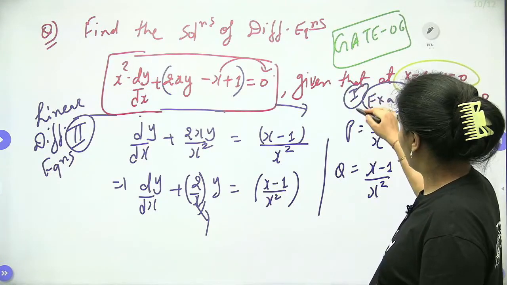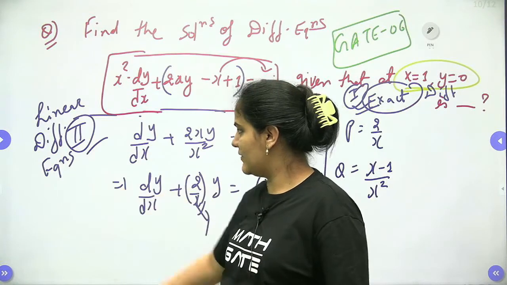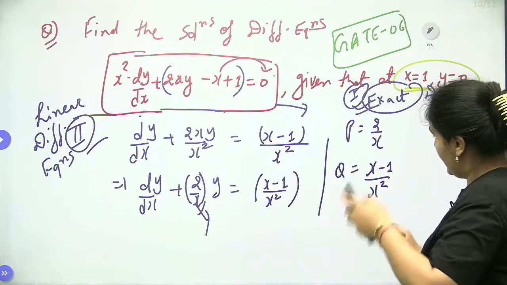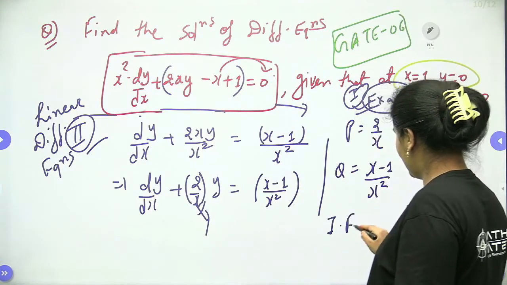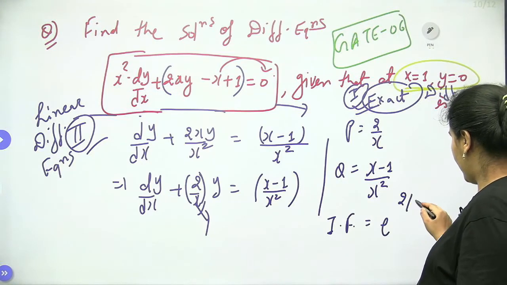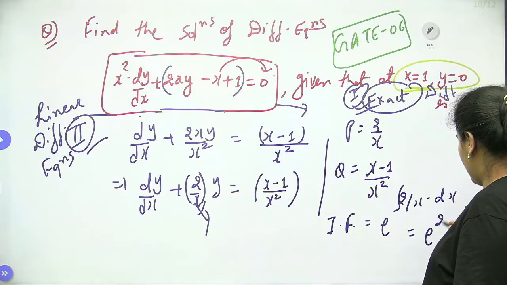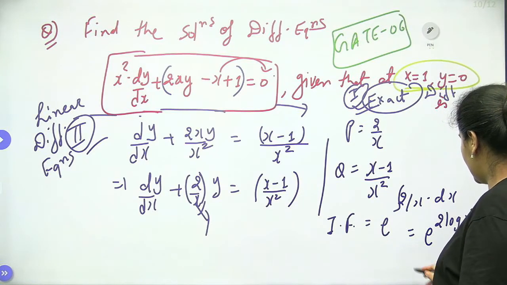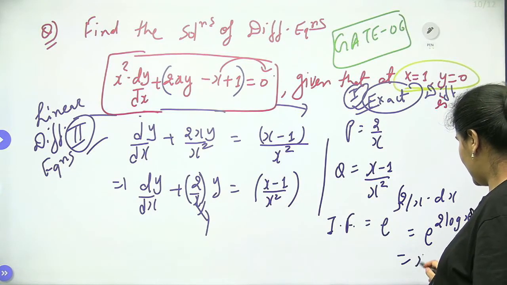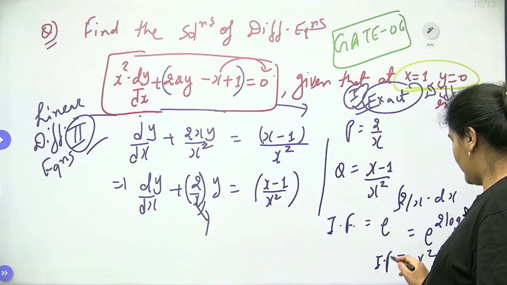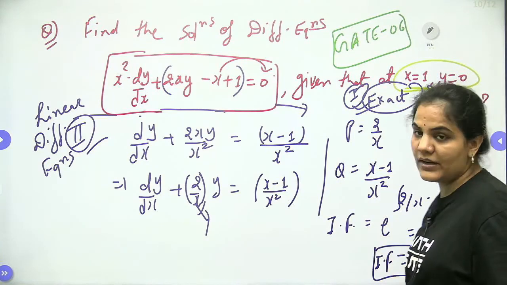The first method was the exact differential equation, and the second method is the linear differential equation. So you can find the integrating factor. It will be e to the power integral of 2 by x dx, which is 2 into log x, my dear students. So it will be x square only. Hence you will get the integrating factor as x square.